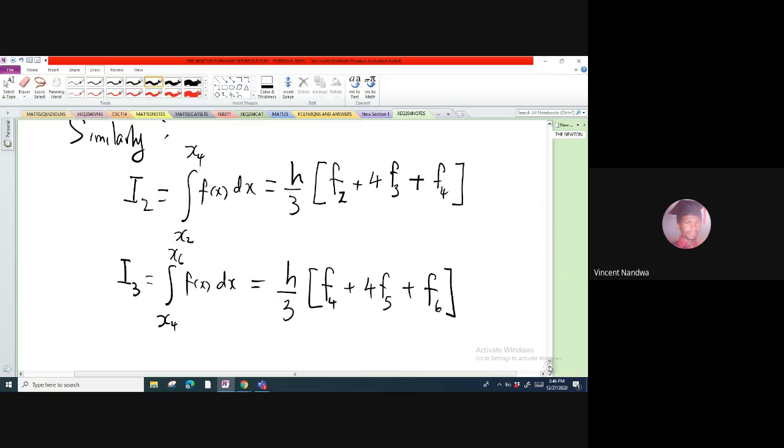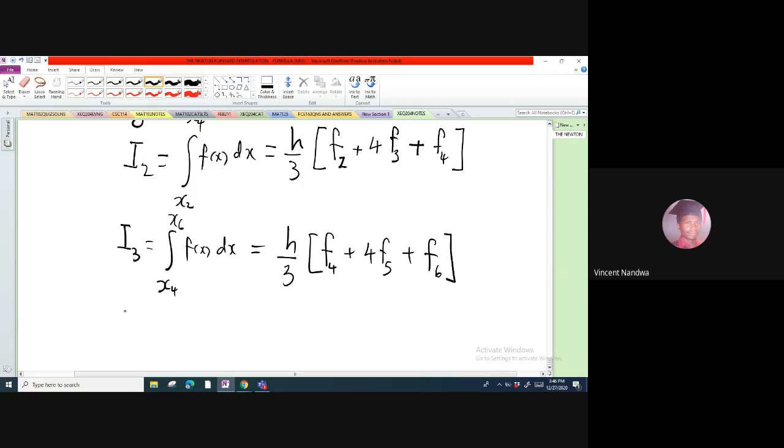We can as well define I4, which will be the integral now from x6 to x8 of f of x dx, h over 3 into f6 plus 4 f7 plus f8.